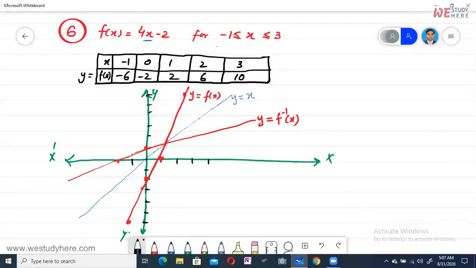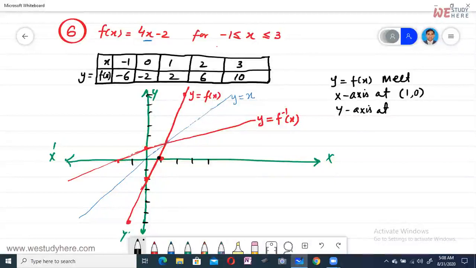Now this y is equal to f of x meets the x-axis at this point, that is 1, 0, and the y-axis at this point, that is 0, -2.